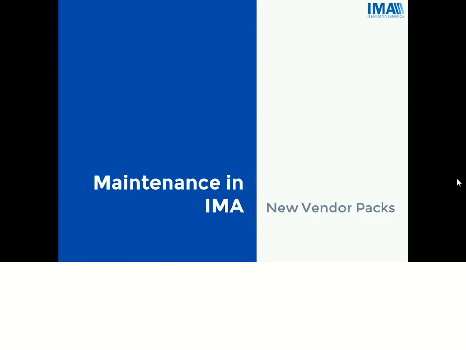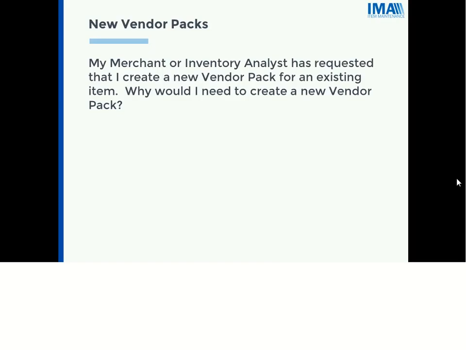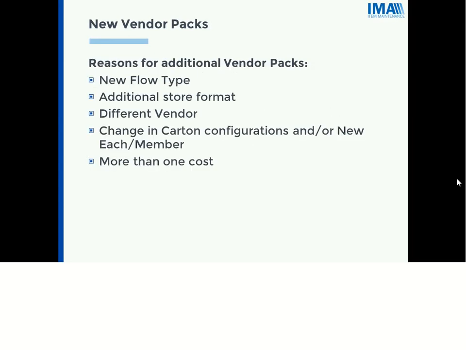Okay, so now we're going to move on to vendor packs. So my merchant or inventory analyst has requested that I create a new vendor pack for an existing item. Why would I need to create a new vendor pack? We kind of touched on this on Monday during the IMA Basics and Terminology. Some of the reasons why could be that you need a new flow type, or maybe an additional store format, such as Sears to Kmart.